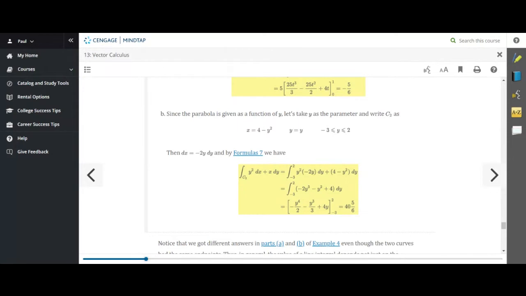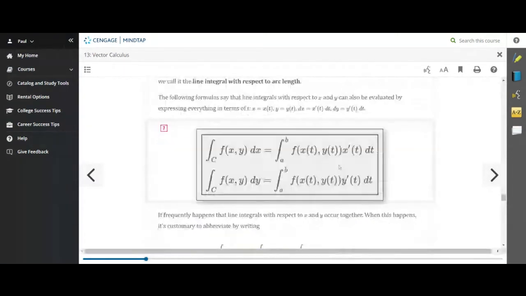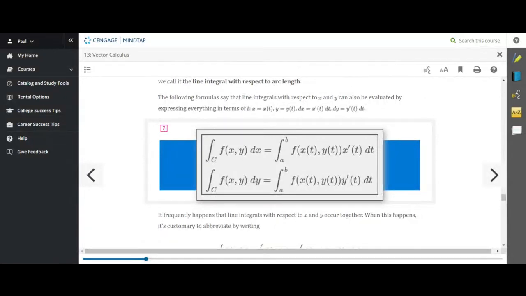Personally, I don't like my life to be complicated, so I always like to use the parameterization with t as my parameter, because then I have my formulas and it's just easier for me. But everybody's different, and you do as you feel comfortable.